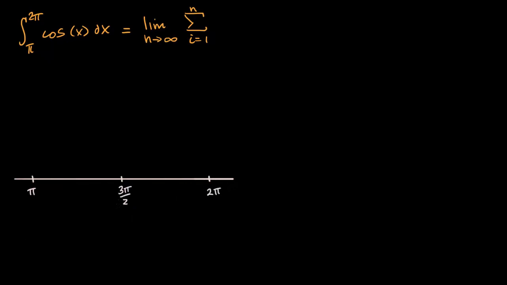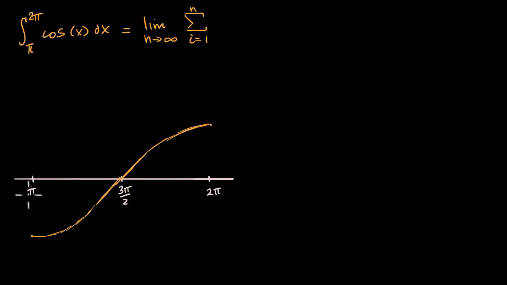Now what does the graph of cosine of x do? Well, at pi, cosine of pi is -1, and cosine of 2 pi is 1. And so the graph is going to do something like this. This is obviously just a hand-drawn version of it, but you have seen cosine functions before. This is just part of it.